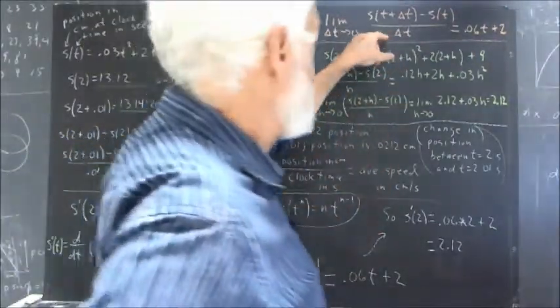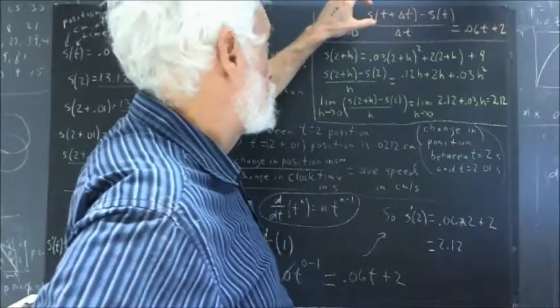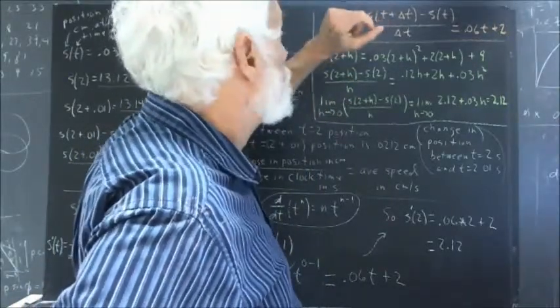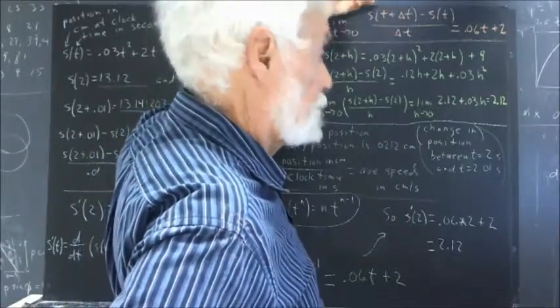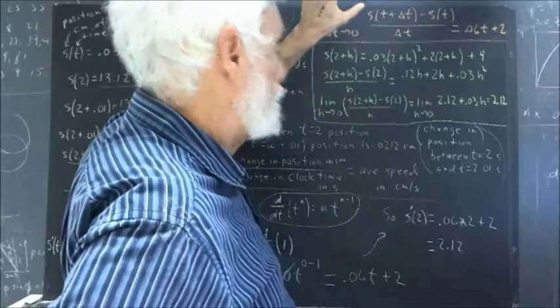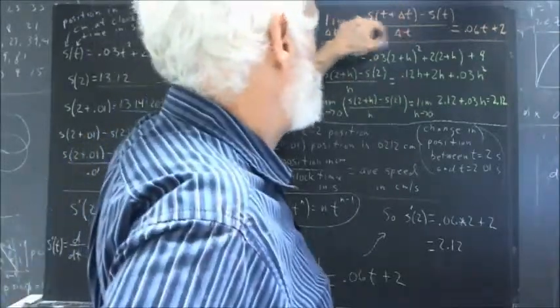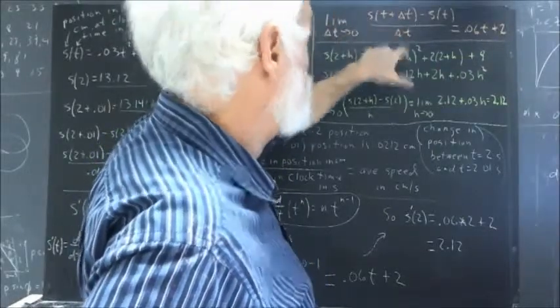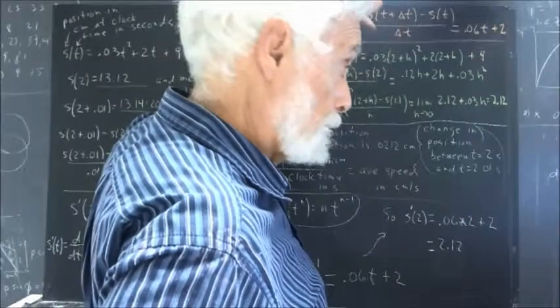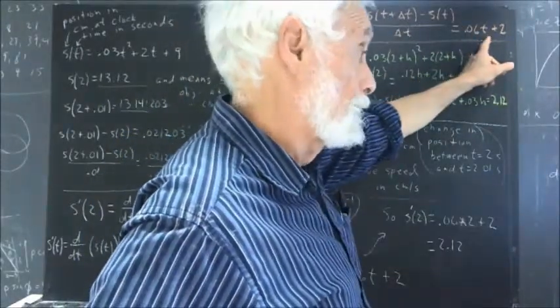When you divide by delta t, the quantities that just have coefficient times delta t, the delta t will divide out, and you'll just have the coefficient of that quantity. I should have said, when you have a quantity of some coefficient multiplied by delta t and divide by delta t, you're just left with that coefficient. And that's where the 0.06t comes from.